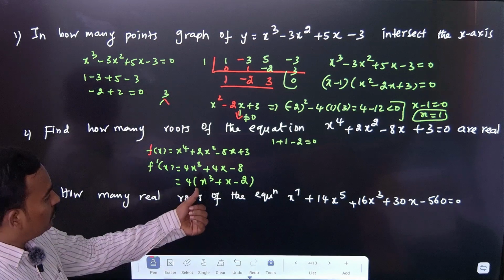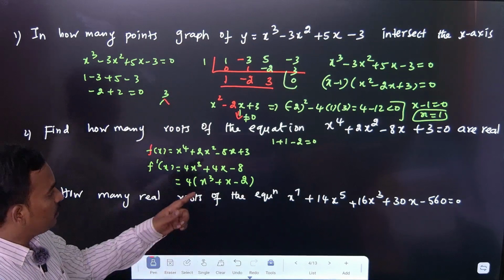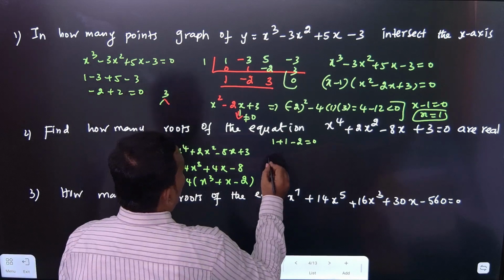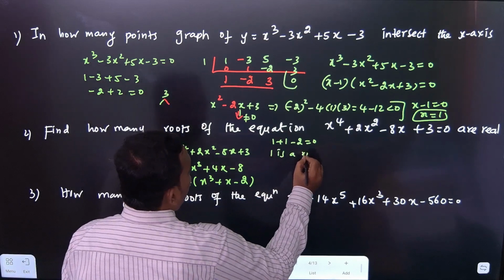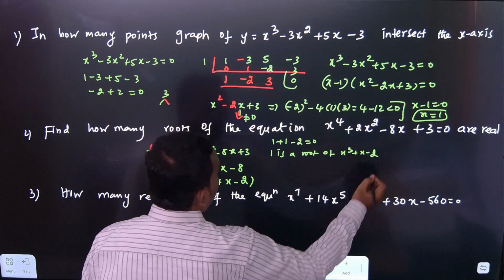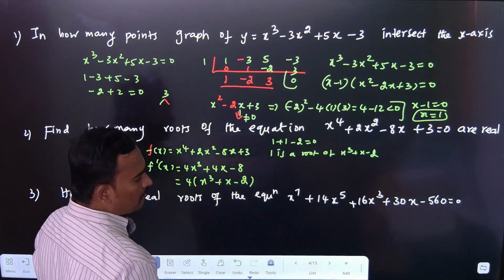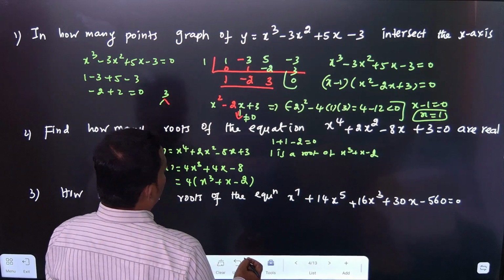Definitely one of the factors of x cube plus x minus 2 is x minus 1. So 1 is a root of x cube plus x minus 2, right?